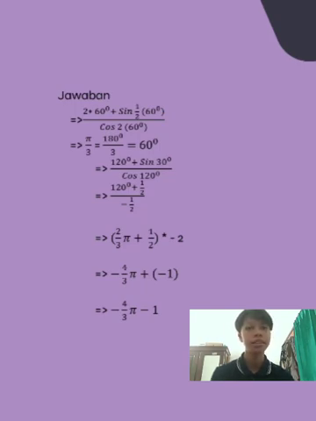We get 120 degrees plus sin 30 degrees over cos 120 degrees. Sin 30 degrees is a half and cos 120 degrees is minus a half. So we get 2 over 3 pi plus a half times minus 2, which equals minus 4 over 3 pi minus 1.